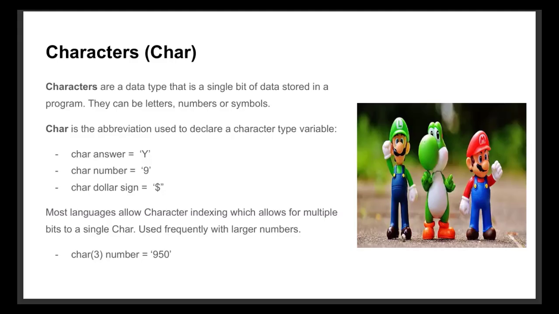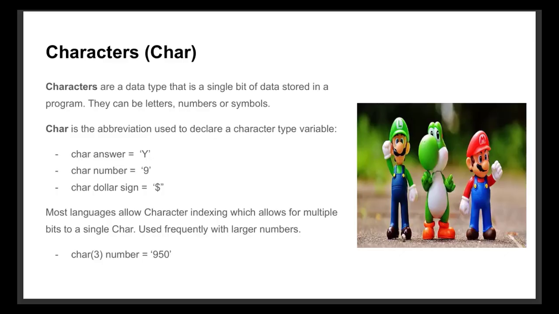So for example, if a computer program has a character that is identified by the variable number, we can use indexing to identify specific numerical values depending on its location in the larger number. Character indexing allows us to identify specific individual bits within a single character that has larger numerical values.